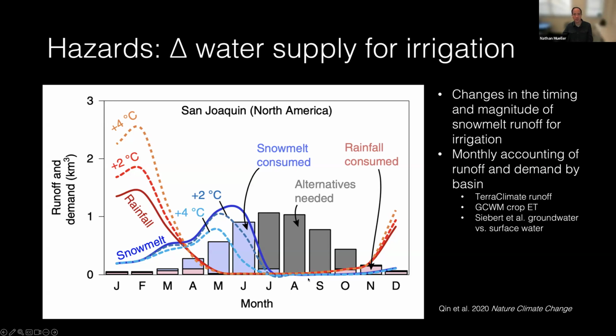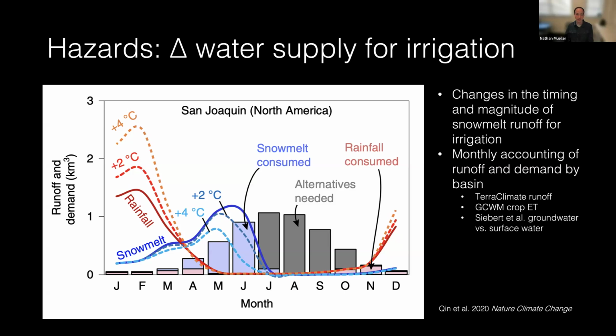Now, if we look at the late part of the growing season, this is surface water consumption that is being met. It's just not being met by the runoff that is happening in those months, right? So it is being met through a combination of reservoir storage of the runoff earlier, and interbasin transfers like the State Water Project in California.